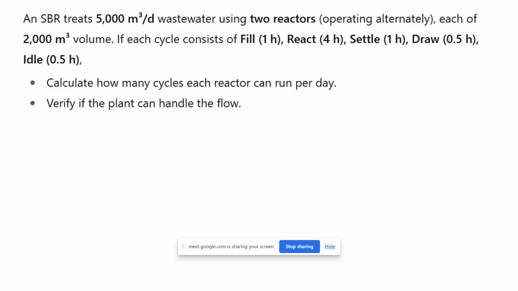But in total, it can handle 6.84 cycles, so we can put 6.84 into 6.84. And the total volume is 2000 plus 2000, so totally 4000. So 4000 divided by 7 into 24, divided by 6.84.